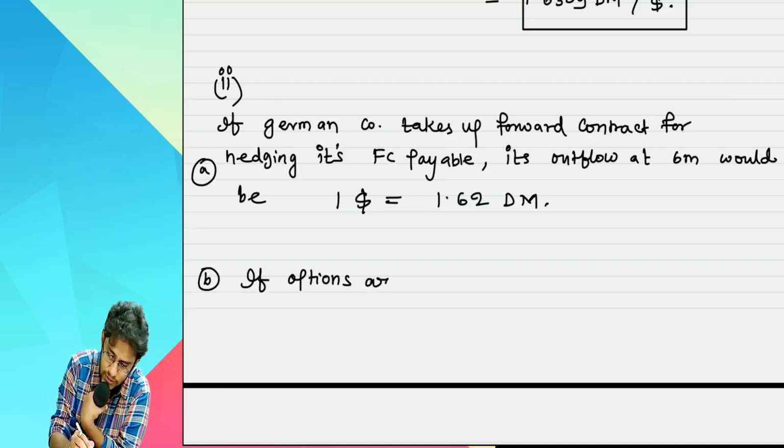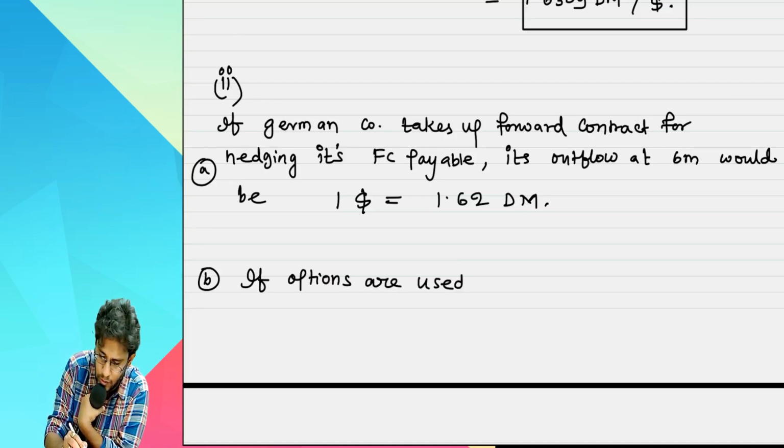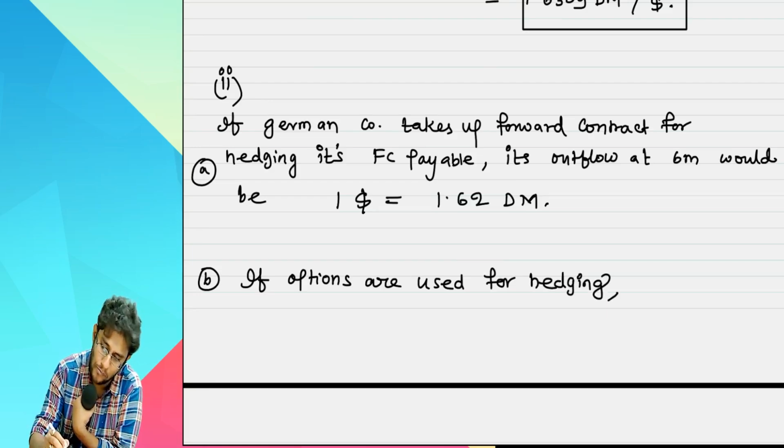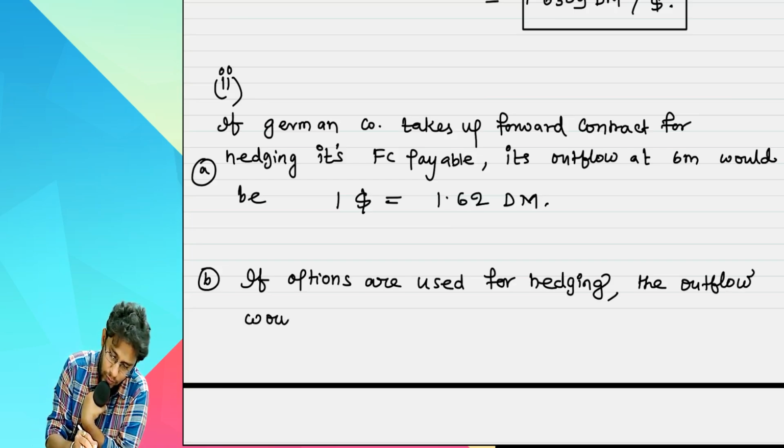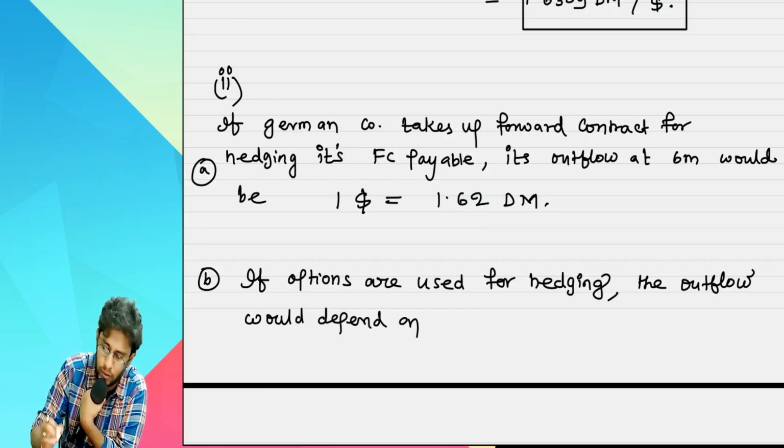If options are used for hedging, the outflow would depend on what?